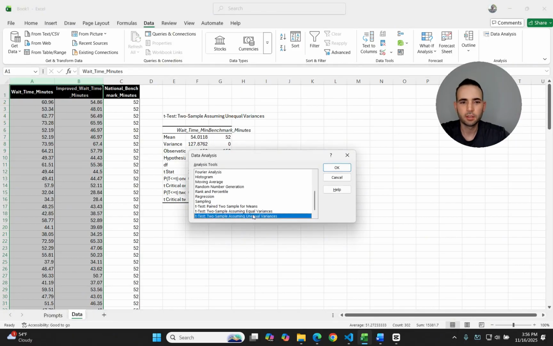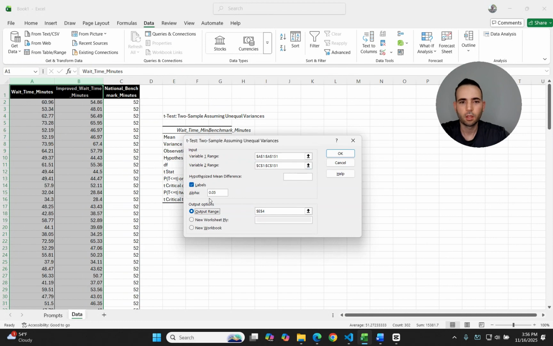Data analysis, t-test two-sample, alpha stays the same. Instead of highlighting the C, we want to highlight the B columns since it has the before and after. And then the output.